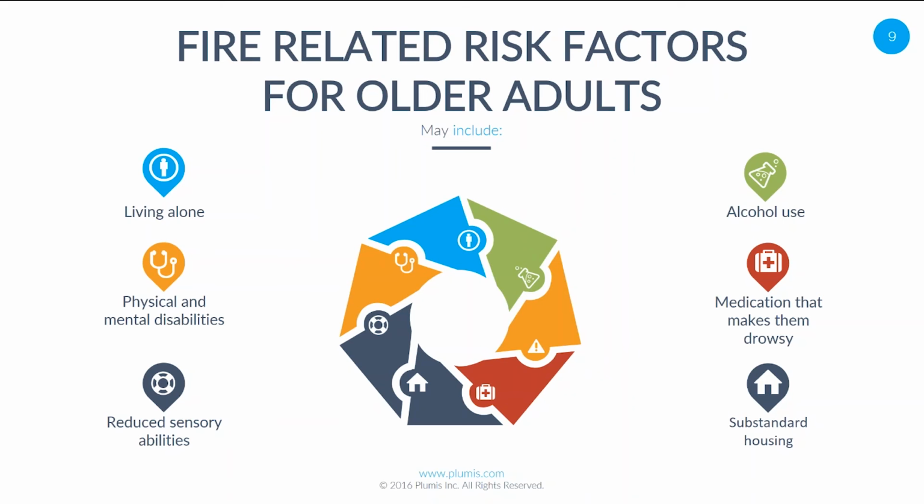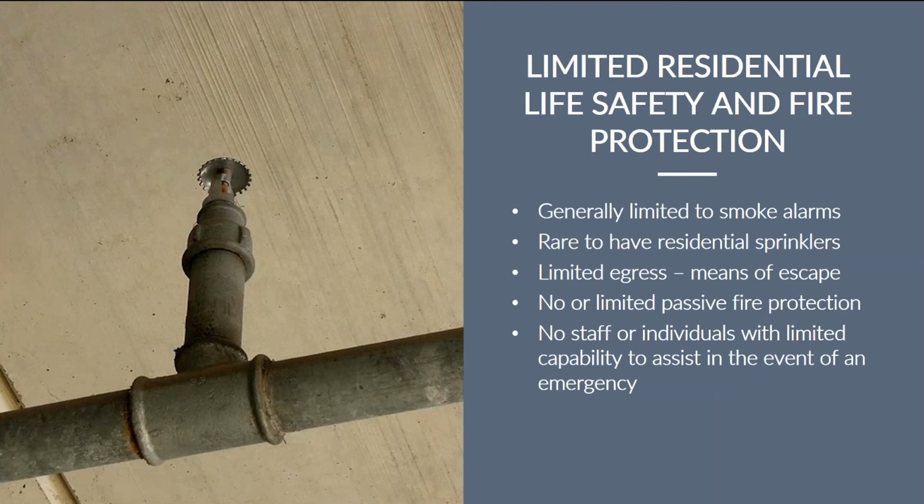So if we take this and go from looking at the characteristics of the individuals to looking at the physical facilities, when we look at it from a code perspective, and particularly in the 1 and 2 family dwelling aspect, those types of residential properties are the least regulated when it comes to fire and life safety.